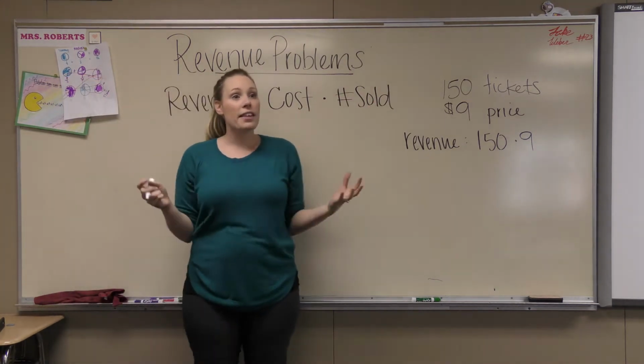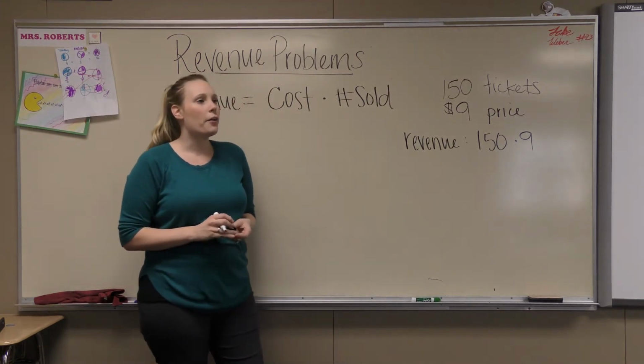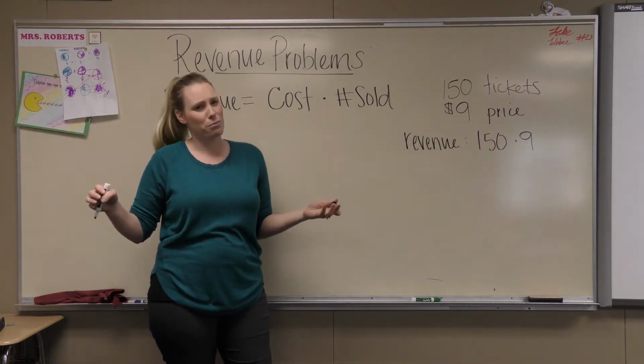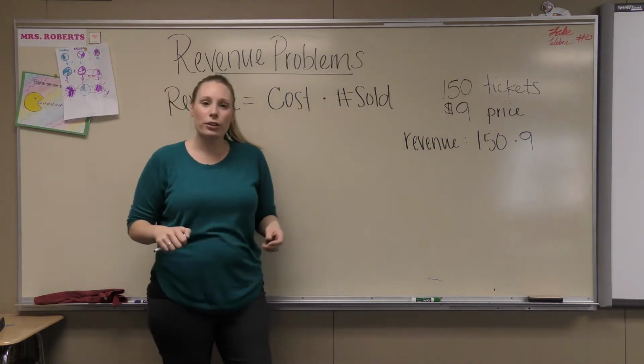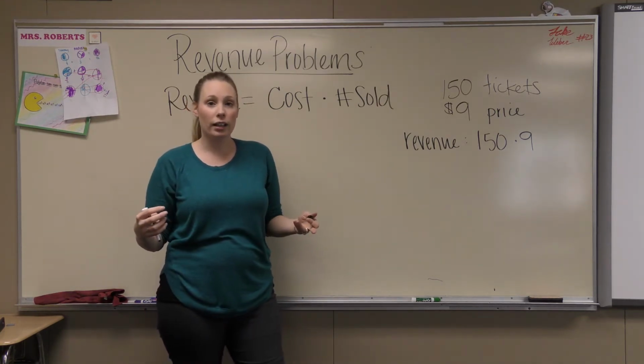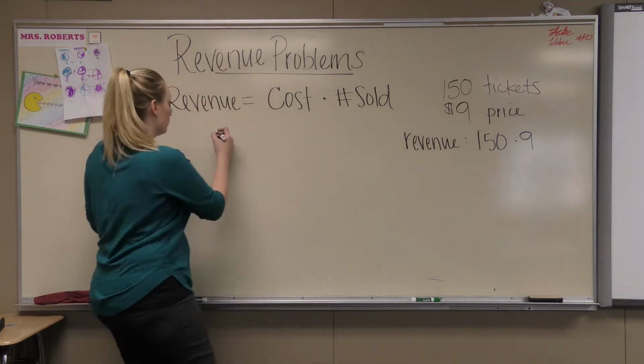Well, now having that equation in mind and thinking about revenue, we can figure out how to maximize revenue. How can a company bring in the most amount of money? And so the way that we can do that is we'll build a cost equation.